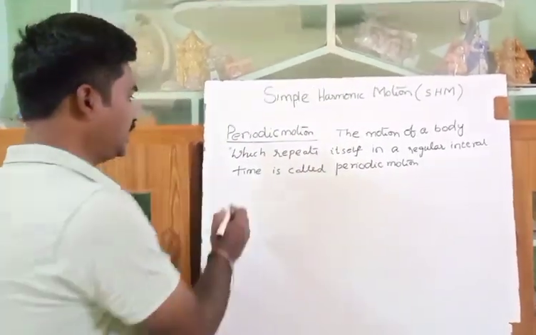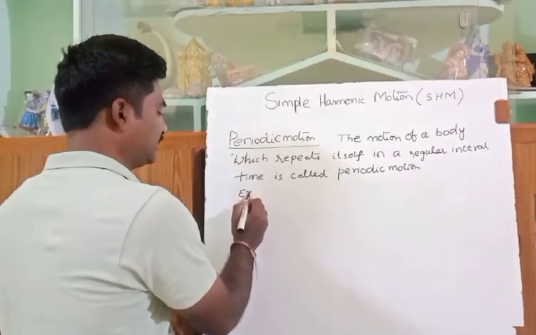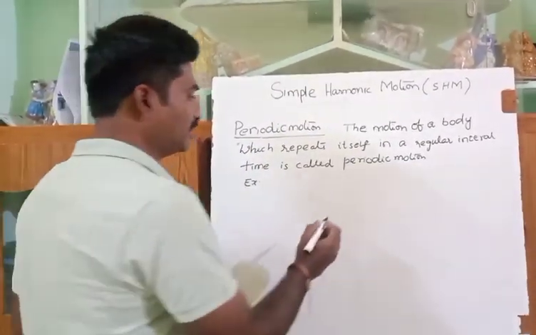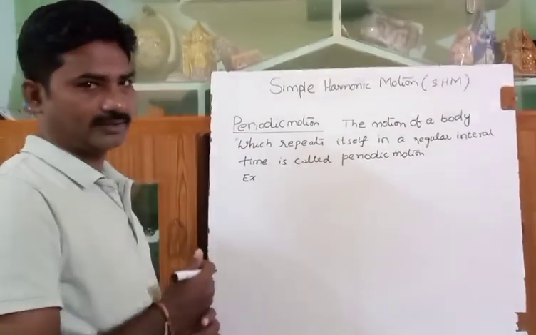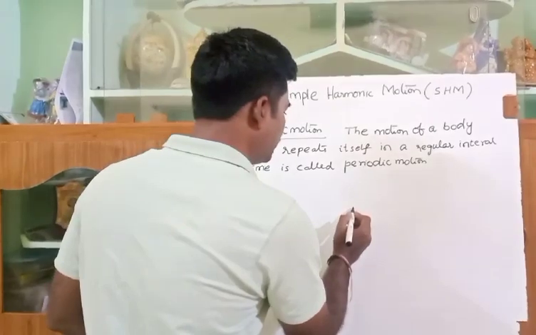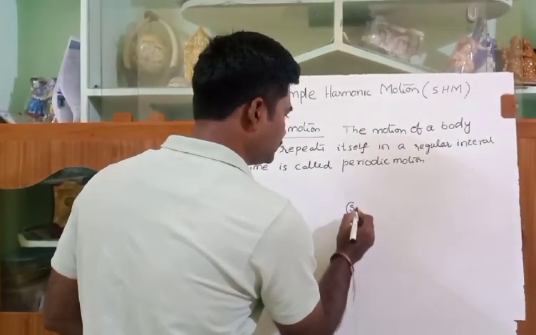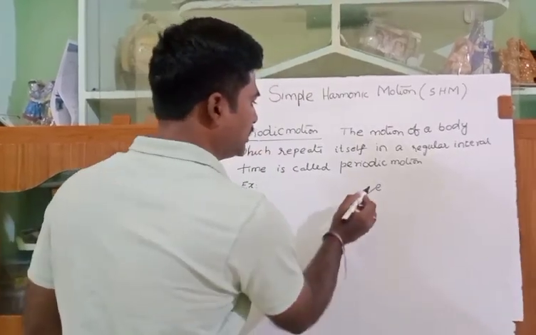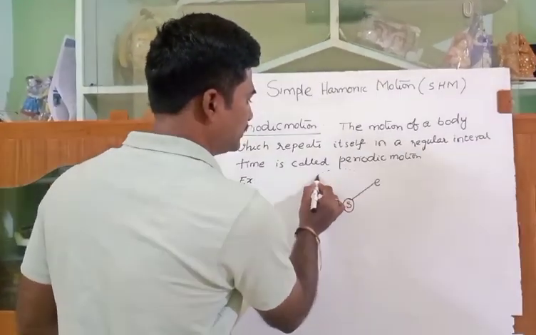The example of periodic motion is that already we know from our childhood, Earth revolves around the Sun. See this. For suppose this is the Sun and this is our planet Earth.